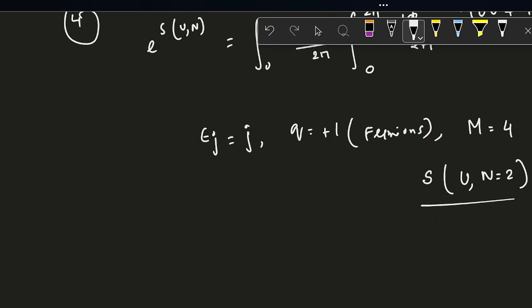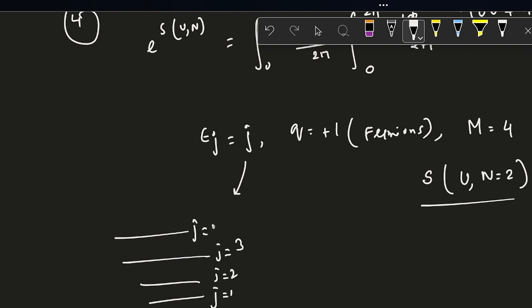If j is the number of the step you are counting, then if there are 4 steps like this, j equals 1, j equals 2, j equals 3, and j equals 4. And your energy for each step for a single particle is also j. That means for the first step your energy will be 1 per particle, for the second step it is 2 per particle, then 3 per particle, and 4 per particle. So these are your energies for the steps.